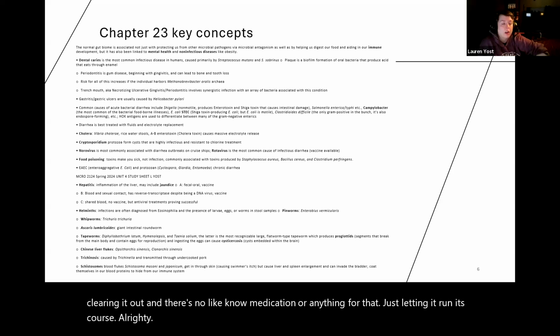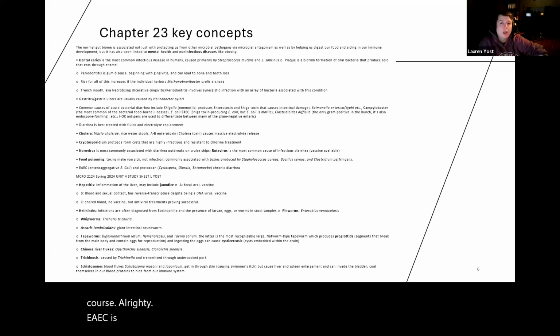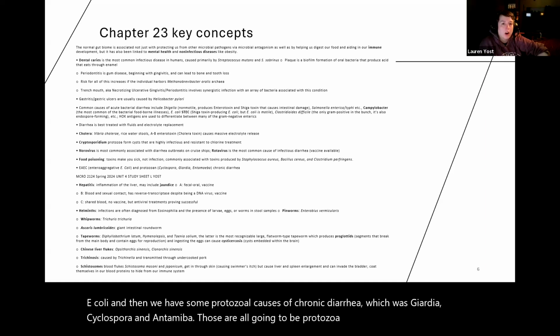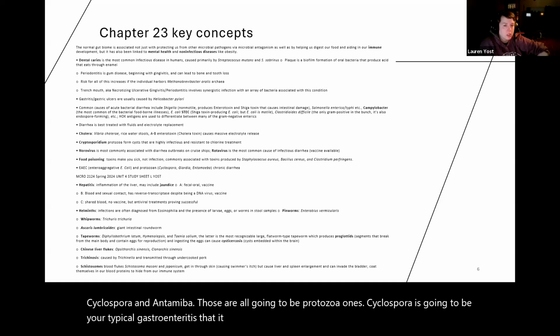EAEC is a cause of the chronic versions of diarrhea. This is enteroaggregative E. coli. Then we have some protozoal causes of chronic diarrhea, which are Giardia, Cyclospora, and Entamoeba. Those are all going to be protozoal ones. Cyclospora is going to be your typical gastroenteritis with a chronic presentation.